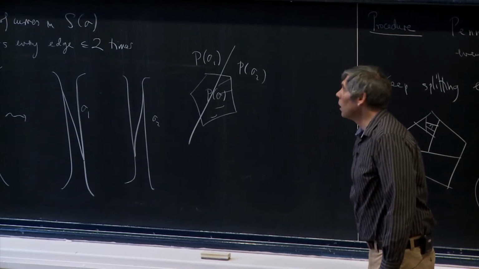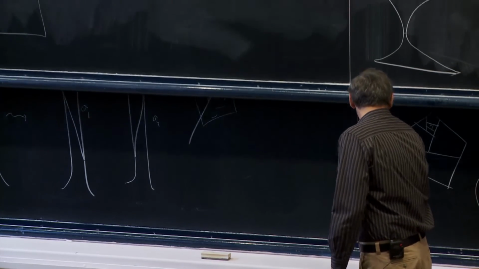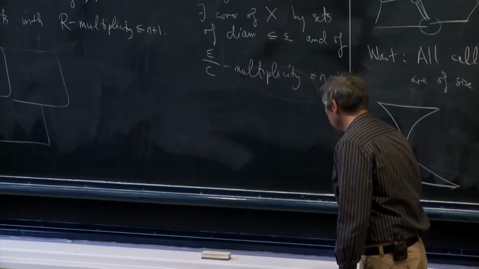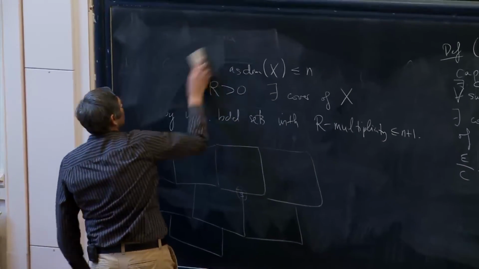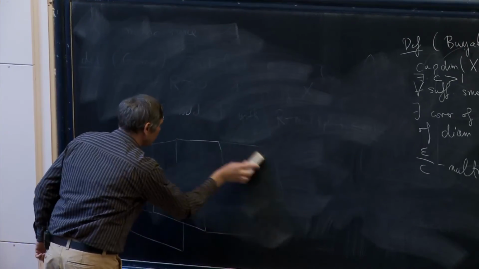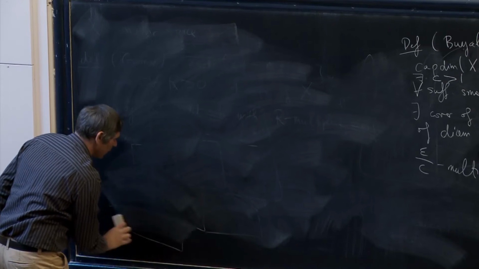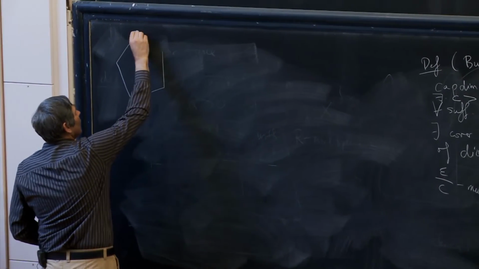In other words, you can see that when you start subdividing, the intersection of two cells is not necessarily a face. It's just some kind of a subset of a face. So pictures like this might occur.